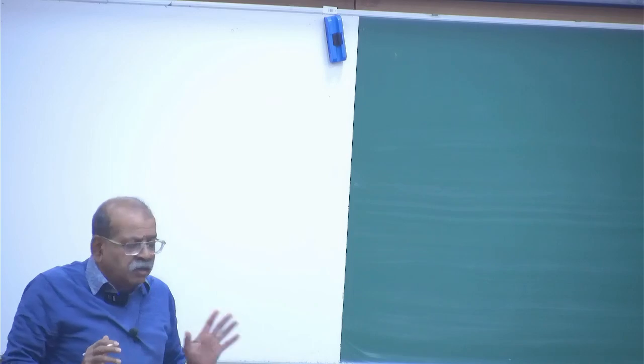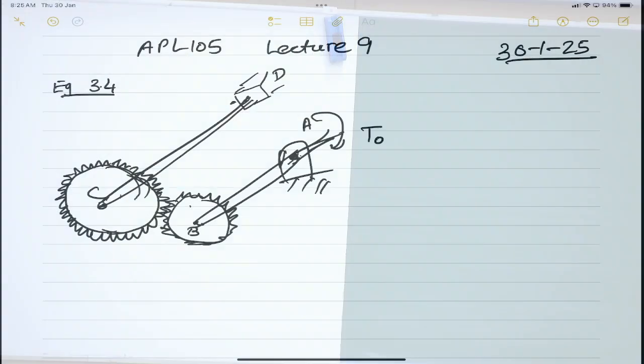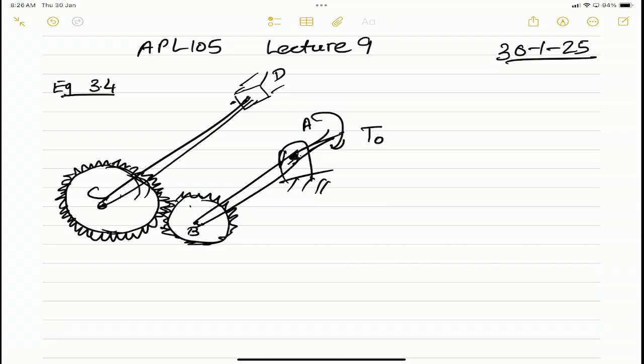Okay. Now let's specify what is given in the problem. The length CD is given as 900 millimeters and the length AB is 600 millimeters. The diameters, etc., must be given there.